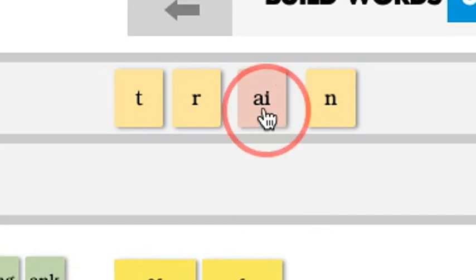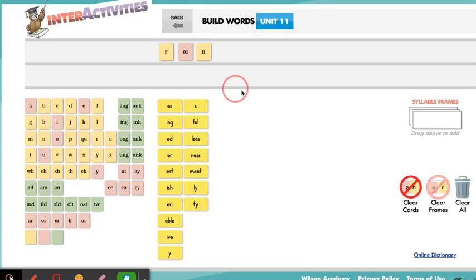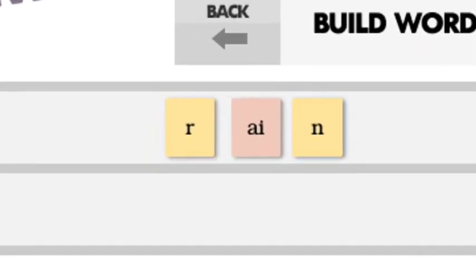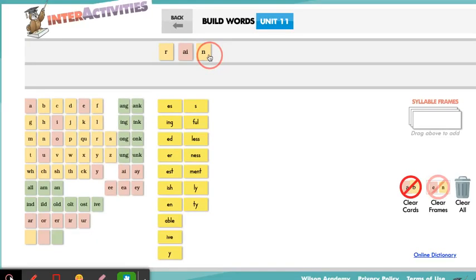And there it is in the middle of the word. The next word is, well, let's arm up. Get ready to tap. Rain, rain.